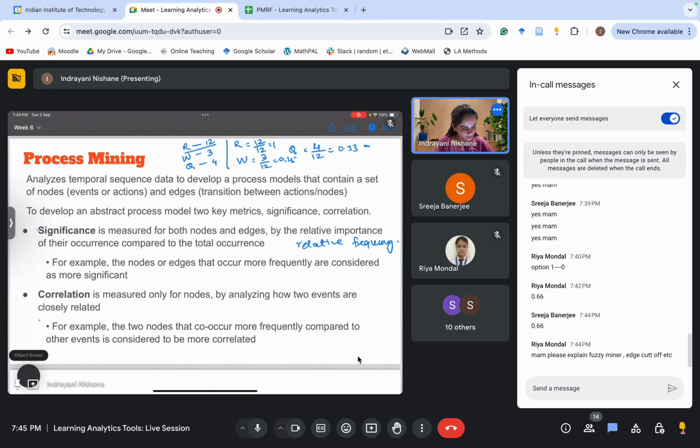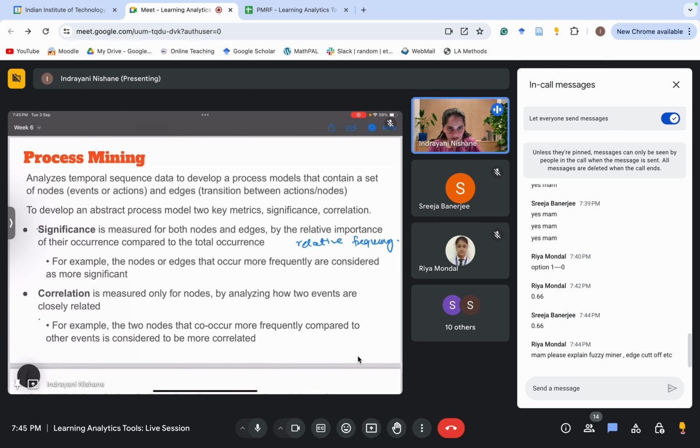I'm going to erase this, because we already discussed significance in the problems twice, so we don't need that here. Let us consider the same set of 4 actions: video, forum, read, and quiz.